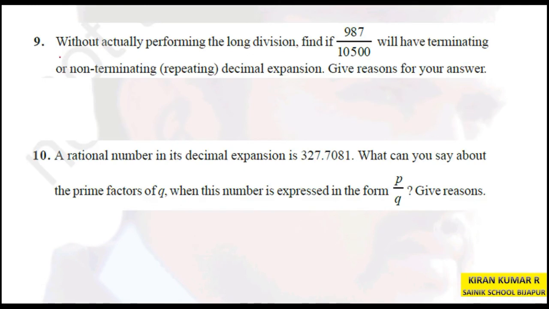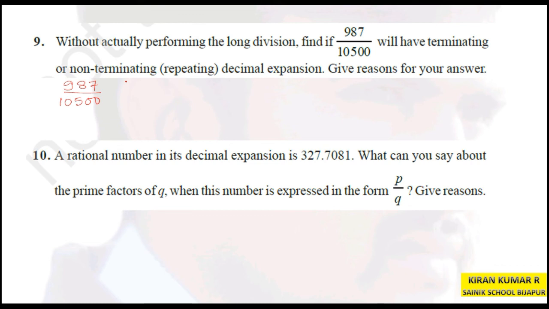Question 9. Without actually performing the long division, find if 987 upon 10500 is a terminating decimal or a non-terminating recurring decimal.